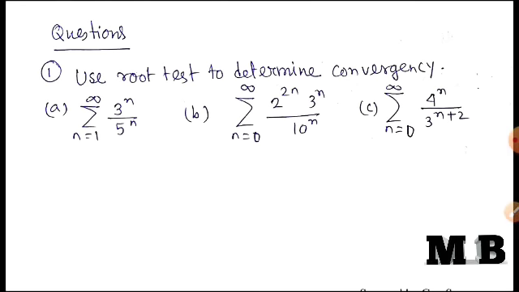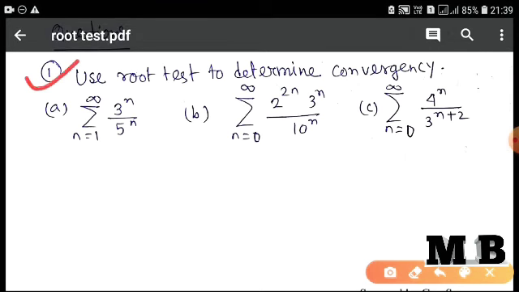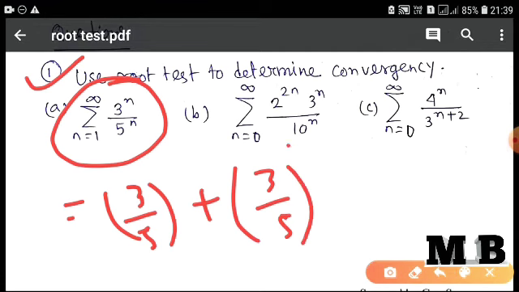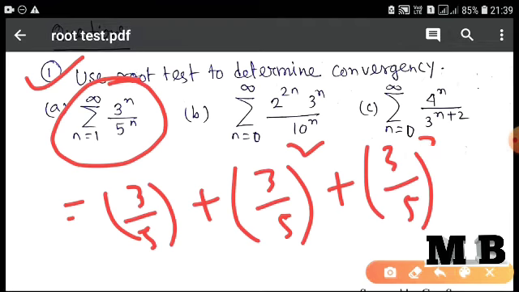First of all, we have: use the root test to determine convergence. We have this series. You can write this series this way: 3 by 5 plus 3 by 5 square plus 3 by 5 cube plus so on.